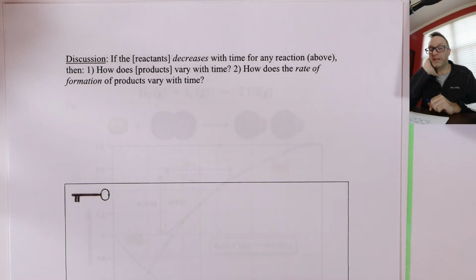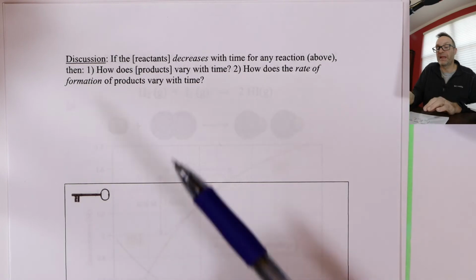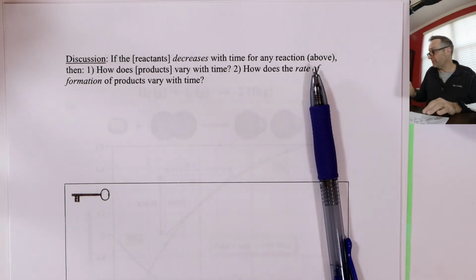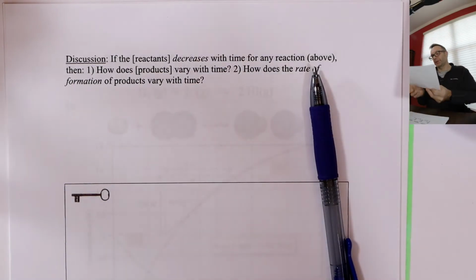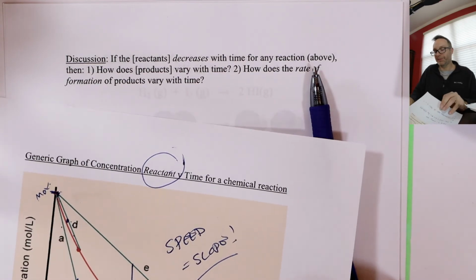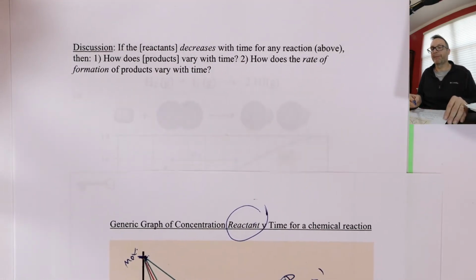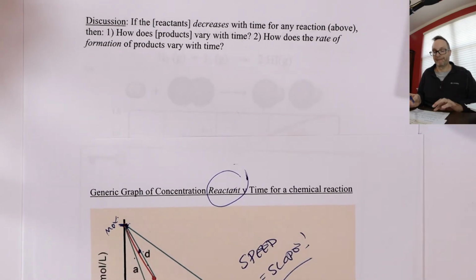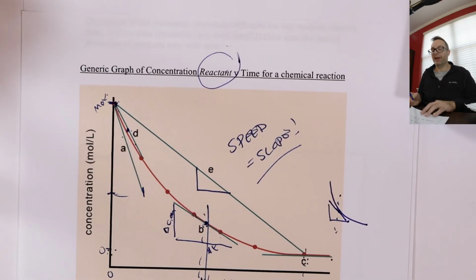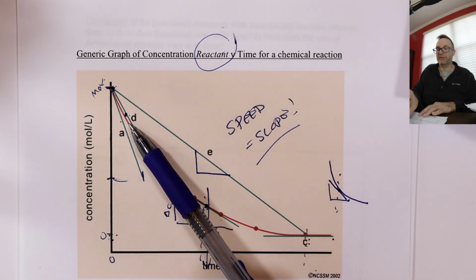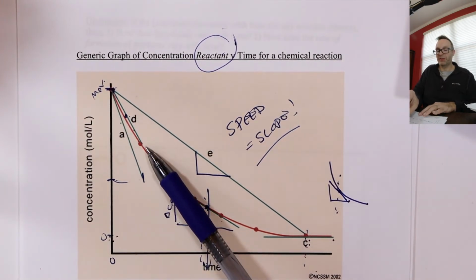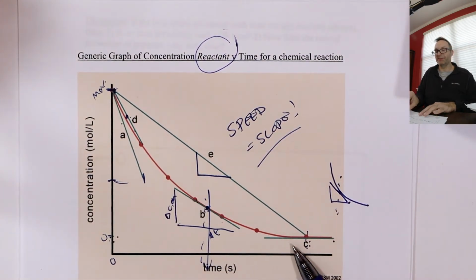The last 29-minute segment. So, discussion: if the concentration of reactants decreases with time for any reaction, right? I'll show you that. There it is, right? So, let me move that up. If you look at all those lines, if you look at the red line, concentration is always decreasing through time, isn't it?